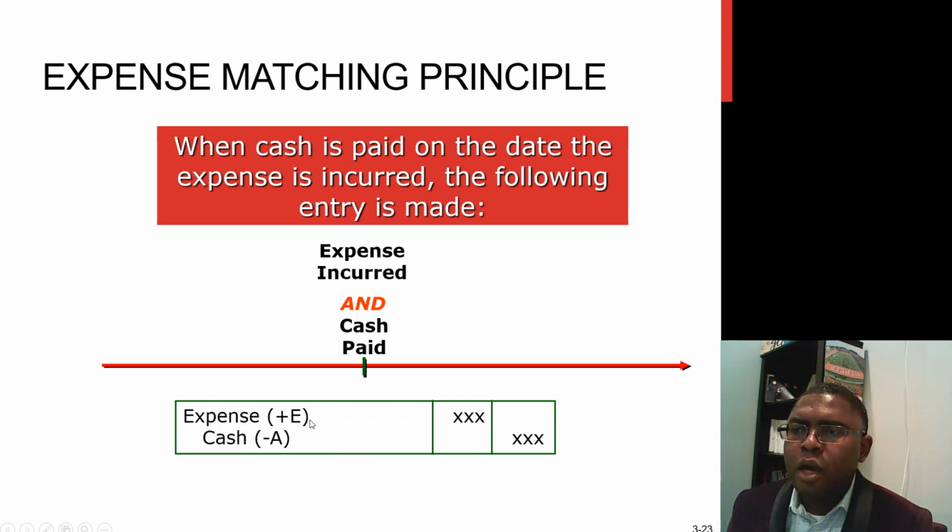Expense is going up, and when expense is going up, it takes a debit balance. Cash is going out, and cash is an asset. When an asset is decreasing, it takes a credit balance.